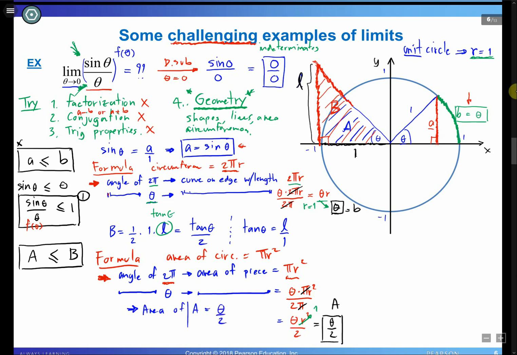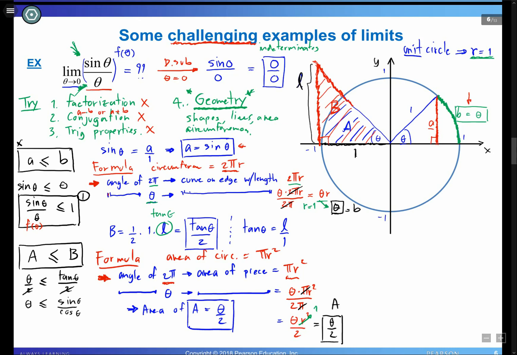Now we are going to make use of this. A equal to theta over 2 and B equal to tan theta over 2 over here on the left hand side. So A is equal to theta over 2, less than or equal to B, which is equal to tan theta over 2. Now I'm going to cancel this with this, and express tan theta as sine theta over cosine theta, so theta is less than or equal to sine theta over cosine theta.